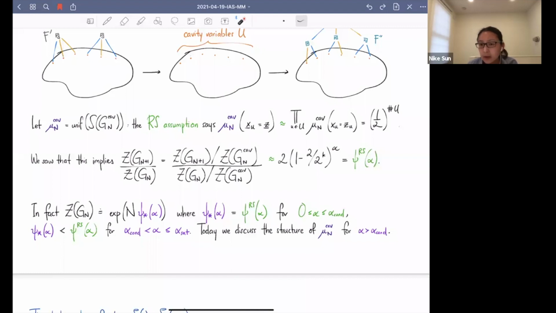The value of alpha_con will depend on the specifics of the model. Right, and the other thresholds? So the other thresholds, the value of alpha_sat is also known for various models, and again it depends on the specific model.